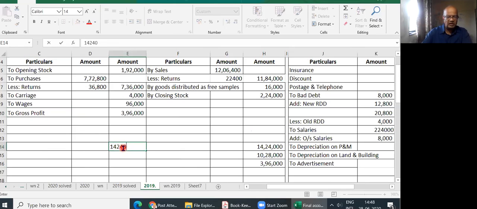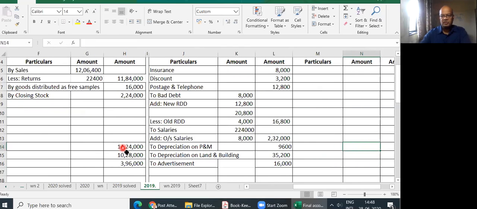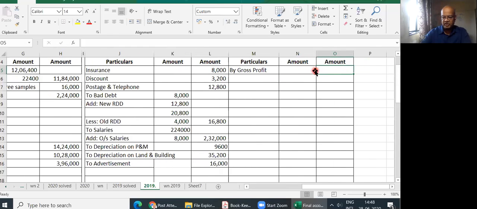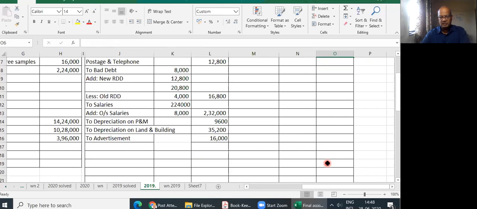This gross profit we shall transfer to the credit side of the P&L account. By gross profit 3,96,000. We make a total of it.